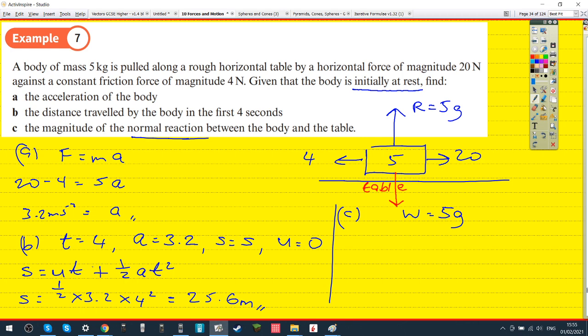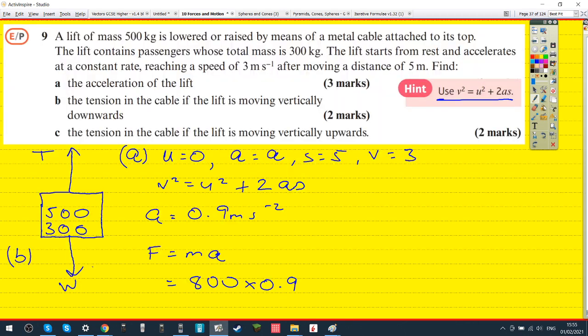So the mass is 5, so the weight is 5g. 5g is the same as 49 newtons. So will our weight here be 800g? Yeah. 800g minus T. So we want that tension because they're going down, but the thing has to stop them from free falling. Yeah, and so solve for T. Tension is like friction.